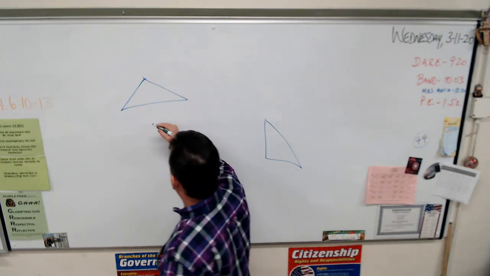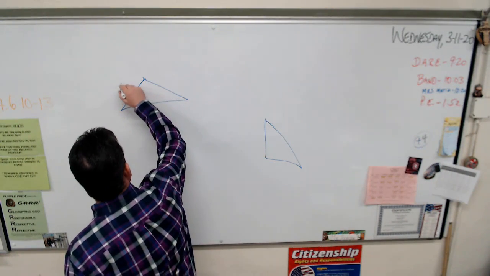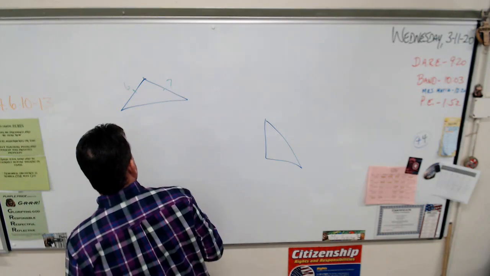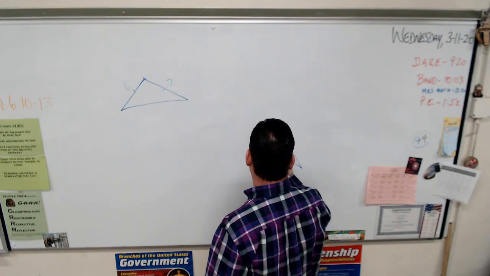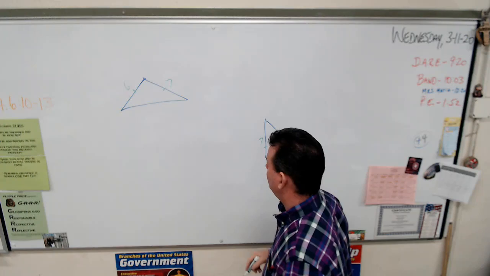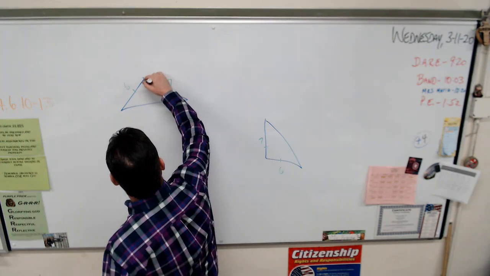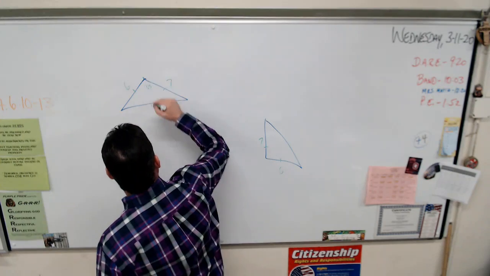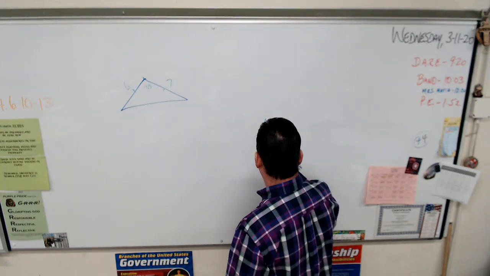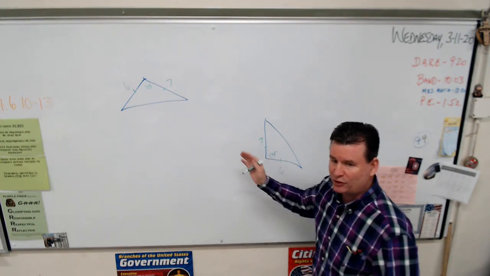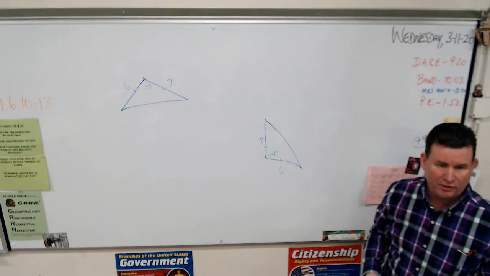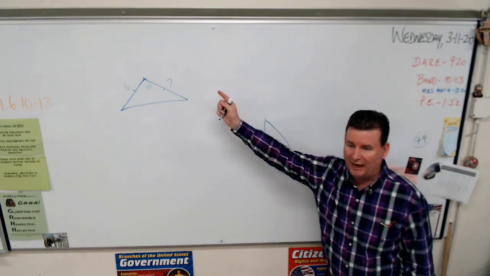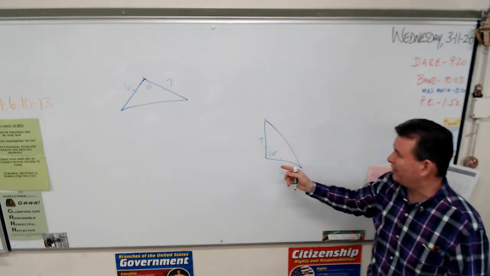So if we saw that in this triangle, this was 6, and that was 7, and in this triangle, this was 6, and that was 7, and we said this angle was 105, and this angle was 105, and that's all the information we had, we would say that I know these two triangles are congruent.